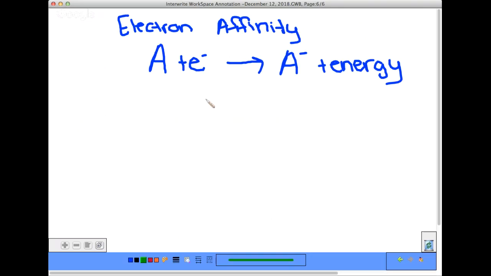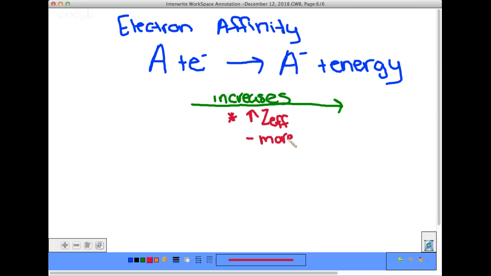So we have a trend, and we have this idea of attraction. As we go from left to right across a period, this increases, and it increases for the same reason that our radius decreases. As we go from left to right, we have an increase in our Z effective, or effective nuclear charge, which just means we have more protons, which means a stronger attraction.